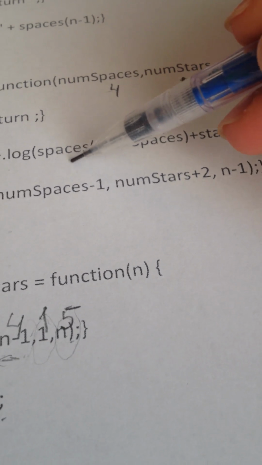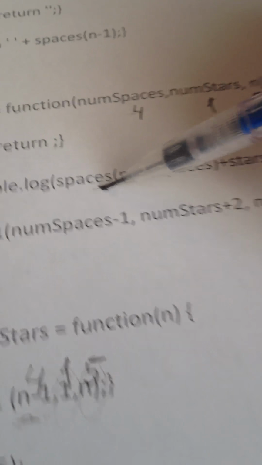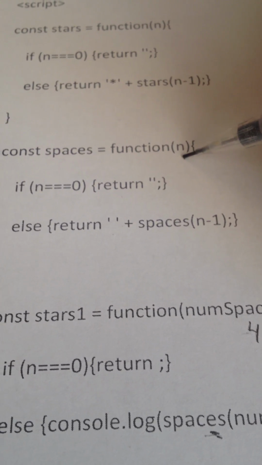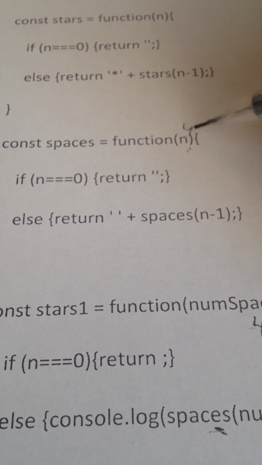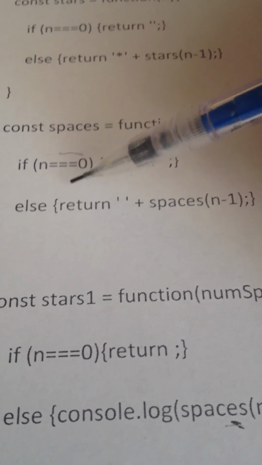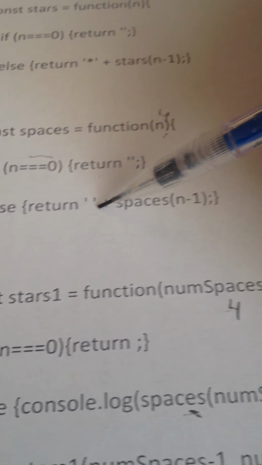So let's get to the actual spaces function. So here we have an argument of 4 at first. So 4 does not equal 0. It is going to return a space.